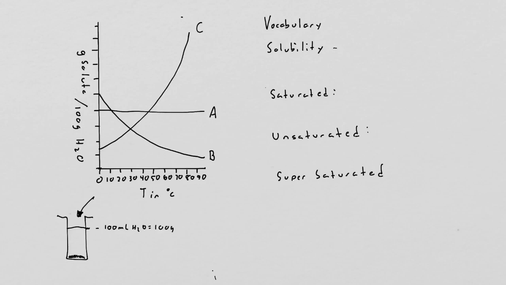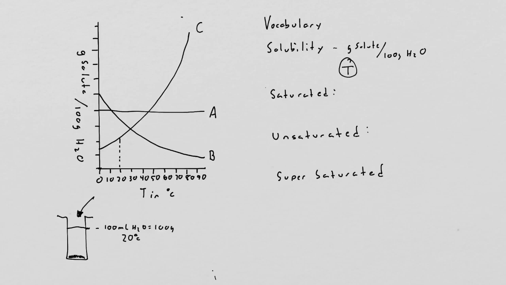So let's say we're at 20 degrees Celsius. Solubility is the grams of solute that can dissolve per 100 grams of H2O, but it's temperature dependent. Let's look at this graph at 20 degrees Celsius, and we're looking at substance C right now.